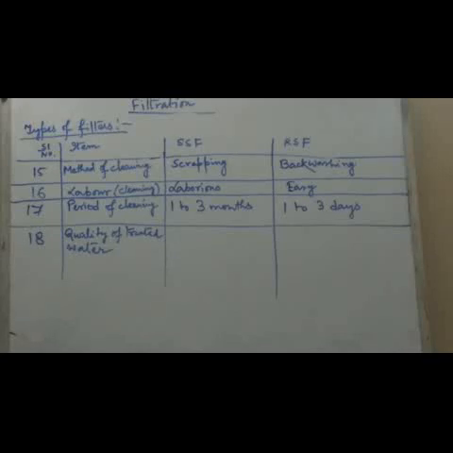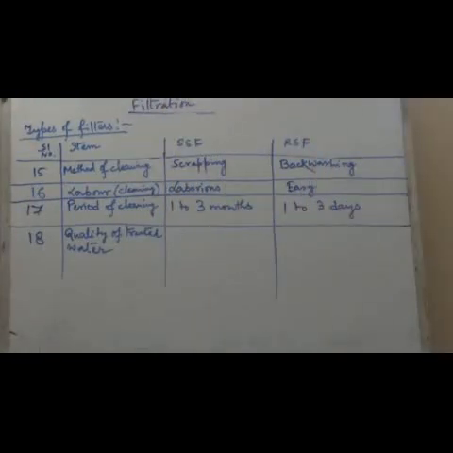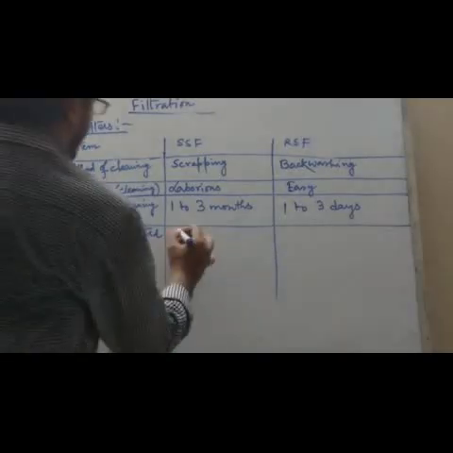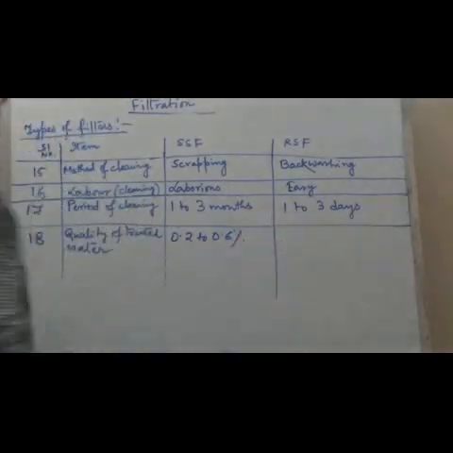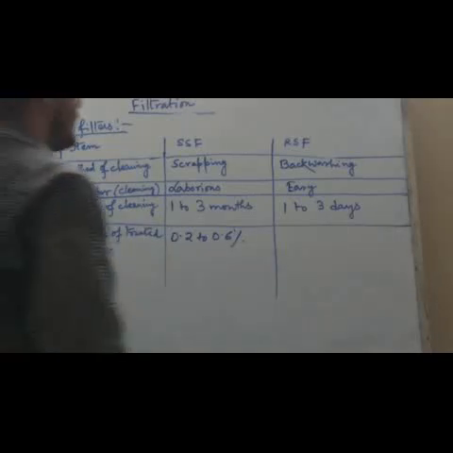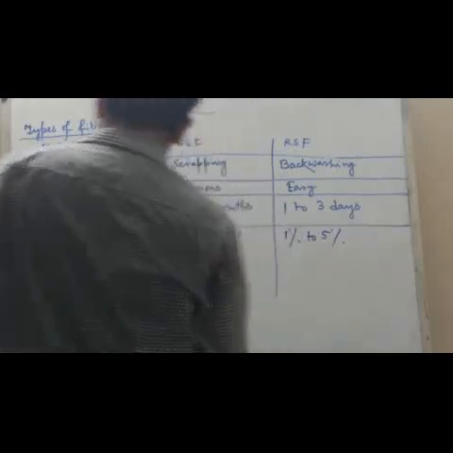For slow sand filter, the total water filtered is generally needed. And for rapid sand filter, it is actually 1% to 5% that is needed.